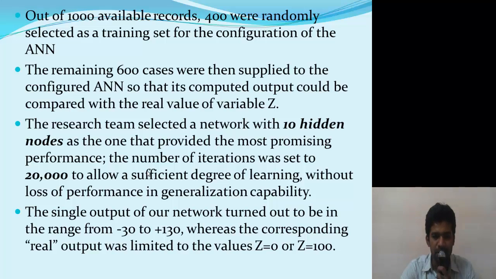The research team selected a network with 10 hidden nodes as the one that provided the most promising performance. The number of iterations was set to 20,000 to allow a sufficient degree of learning without loss of generalization capability. The single output of our network turned out to be in the range of -30 to +130, where the corresponding real output was limited to the values z equal to 0 or z equal to 100.